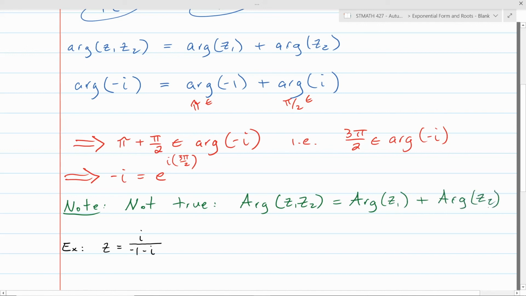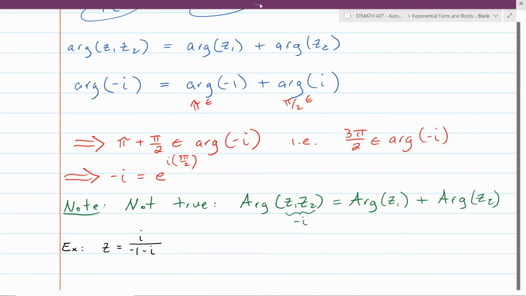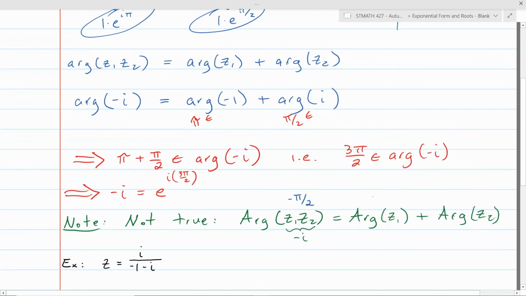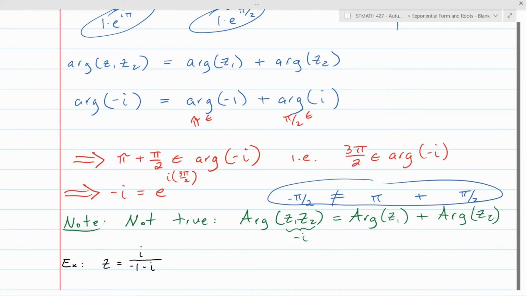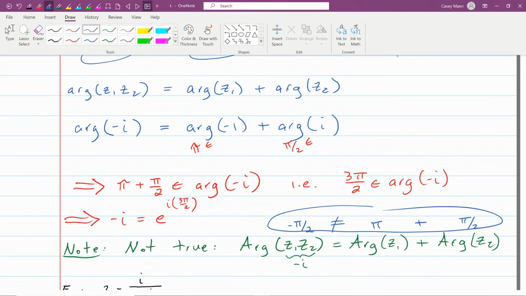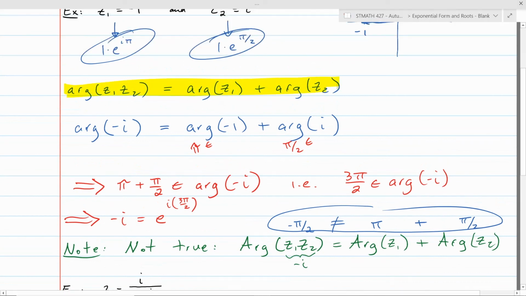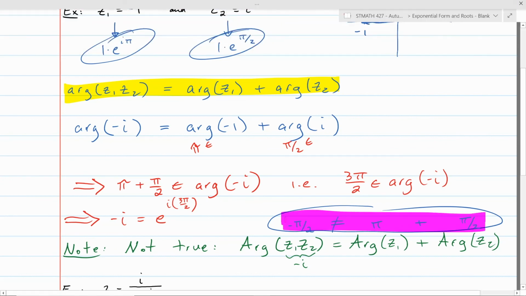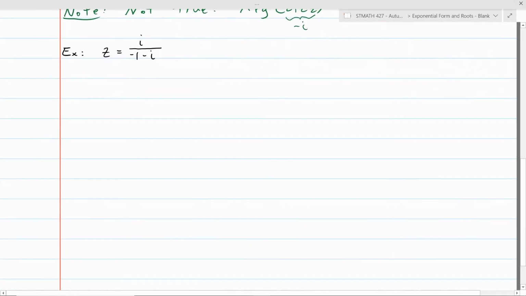The principal argument of negative i is actually negative pi over 2, because the angle has to fall between negative pi and positive pi. But the principal argument of z1 is pi, and of z2 is pi over 2. Negative pi over 2 is not the same as pi plus pi over 2, because the right-hand side is 3 pi over 2. So this relationship holds for the regular args as sets, but it doesn't translate into an equation for principal arguments.